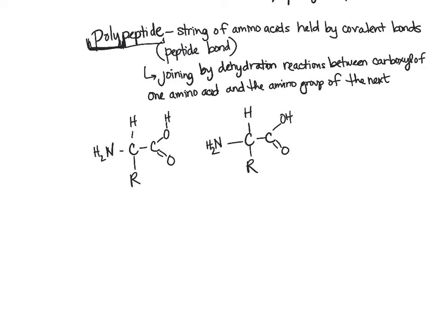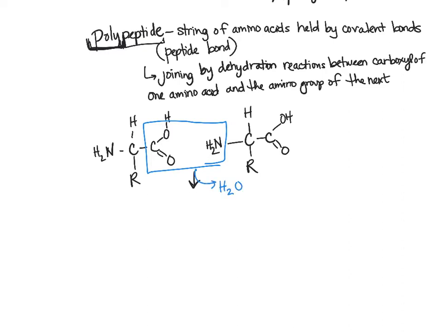So if we are going to have a dehydration reaction with these two individual amino acids, then what we end up with down here is, of course, we are going to be using this amino bond and then this carboxyl bond. And when we're talking about dehydration reaction, remember we're talking about losing water in the process.